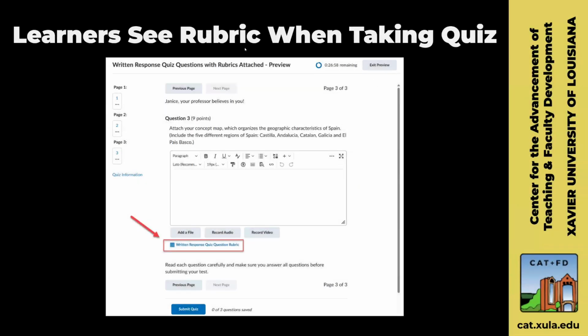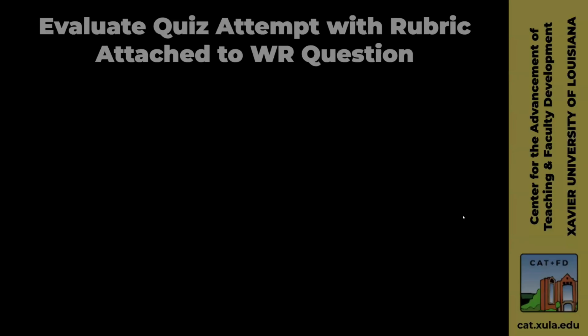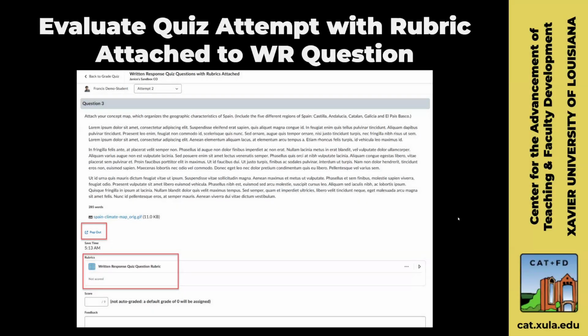When the students are taking the quiz, if there's a rubric attached, then they will see it here right underneath the question, and they can click on the link and that would open up the rubric. When you're evaluating a quiz attempt that has a rubric attached, you would go into the question and then you would see the rubric right underneath the response.